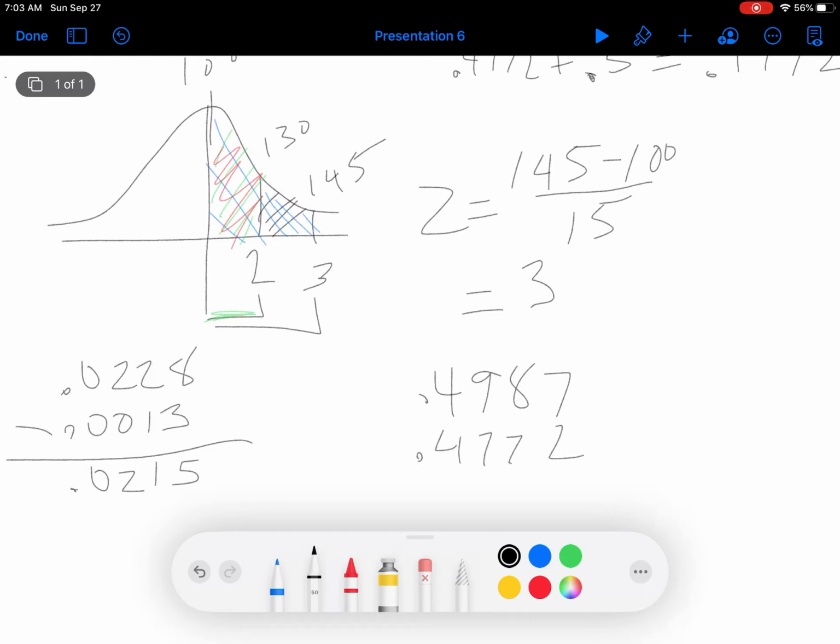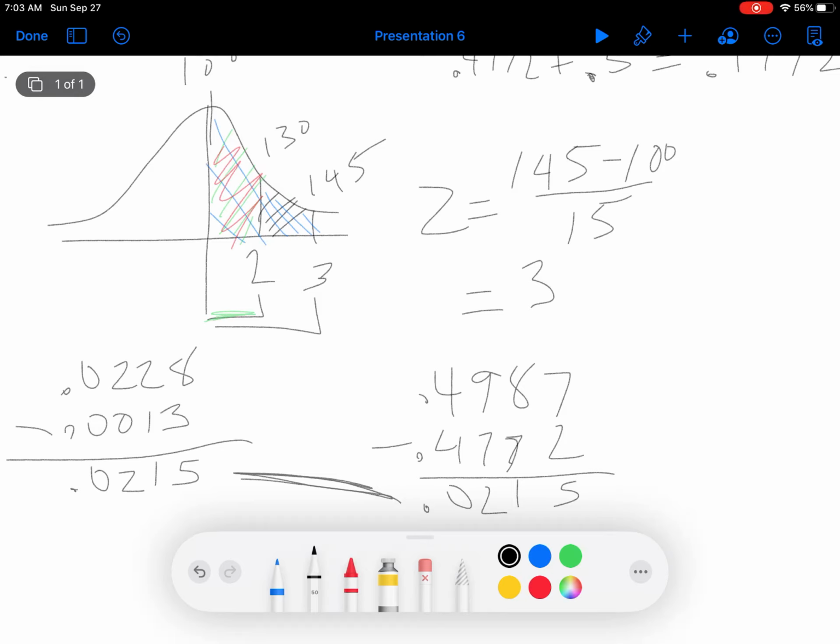Now we're trying to get rid of an area, so we're going to subtract. That gives us 5, 1, 2, 0. So 0.0215. So we're going to get the same answer either way we do it.